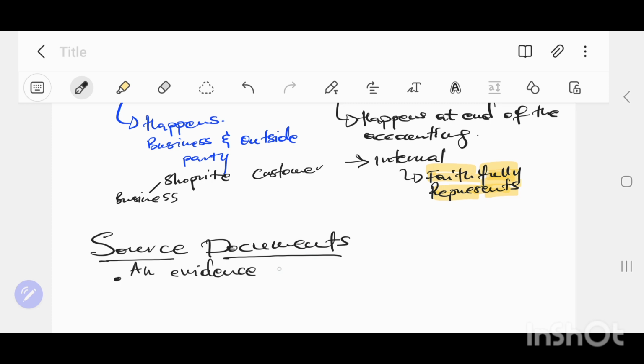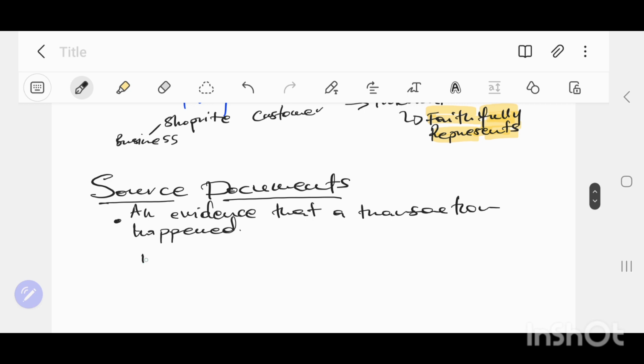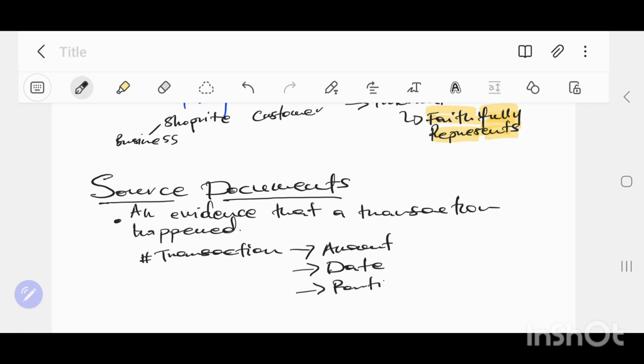This means that a source document tells us about the transaction in terms of the amount, the date, and maybe the parties involved.